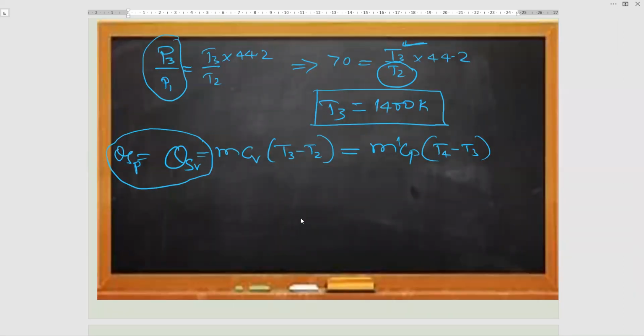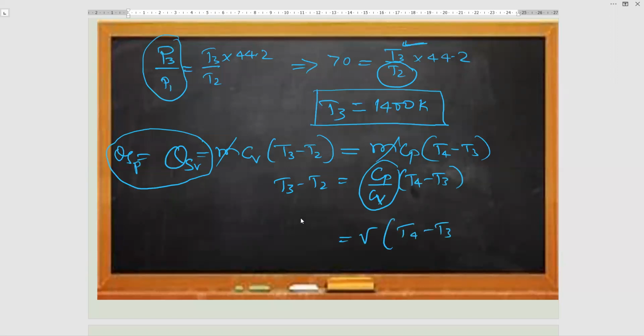So m gets cancelled. T3 minus T2 equals Cp by Cv times (T4 minus T3). Cp by Cv is what? Gamma. So gamma times (T4 minus T3), and here T3 minus T2. Dear students, you have calculated T3. T2 and T3 both are known.